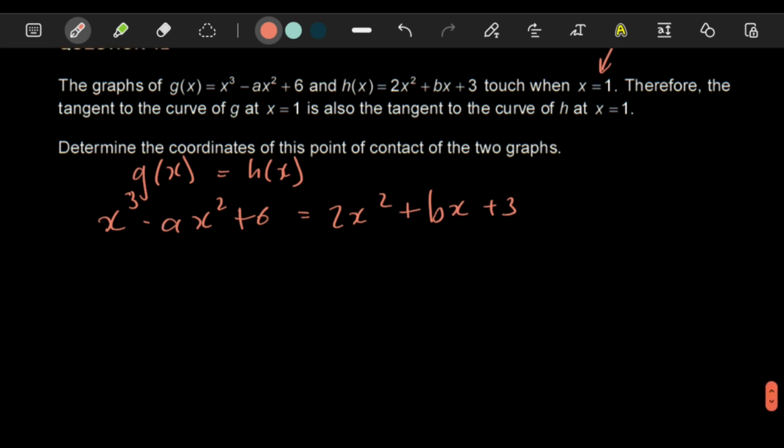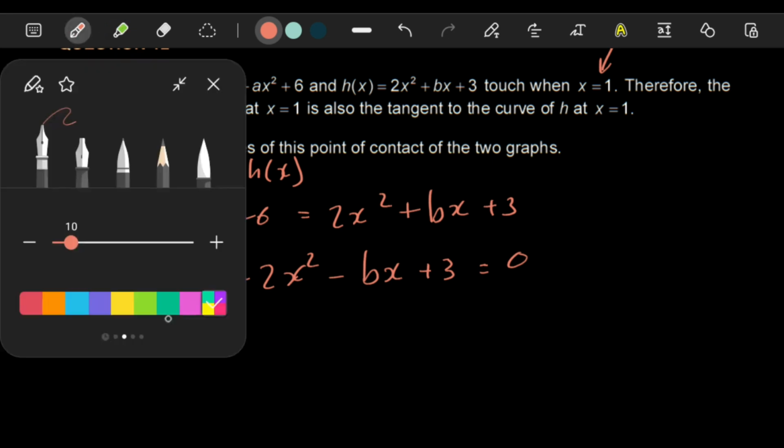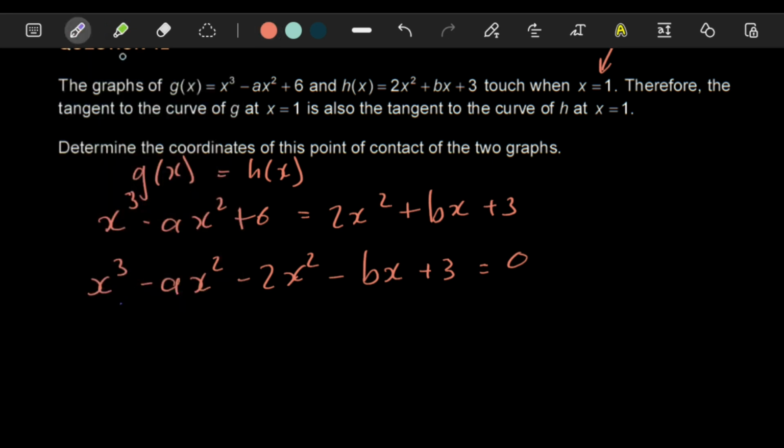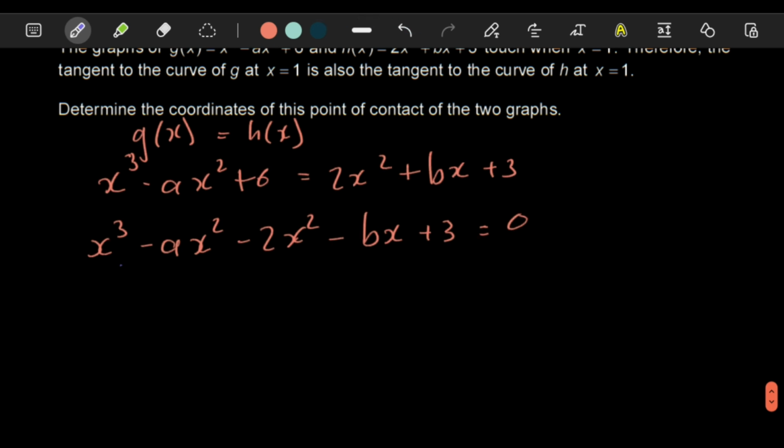So putting everything to one side here, you're gonna have x cubed minus 8x squared, and then here you're gonna have minus 2x squared, and then the b comes over, minus bx, and then 6 minus 3 is gonna be like my positive 3 there. So here's everything on the left. If you wanna put it in, let's say, standard form, then you're gonna have x cubed.